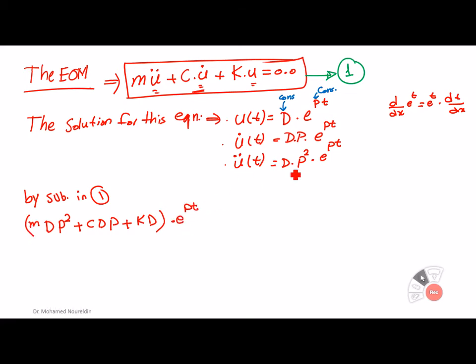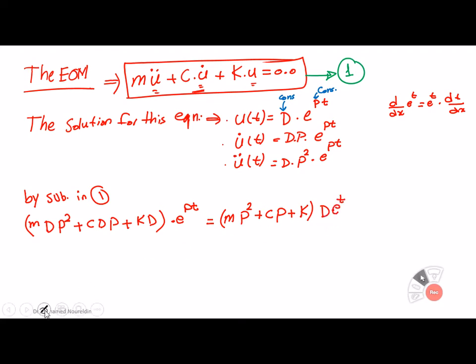If you substitute with these three equations into the main equation, equation number 1, you are going to find that we will get this value. And we are going to take d as a common factor here, and we can put it like this: m p squared plus c p plus k, times d e to the power p t.